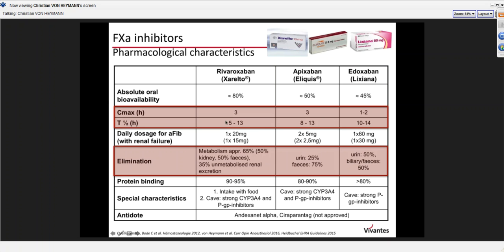The half-life is also quite comparable to the thrombin inhibitor, ranging from 5 to, let's say, 14 hours. And as a rule of thumb, you should keep in mind that 10 to 12 hours is the half-life of most of these drugs.